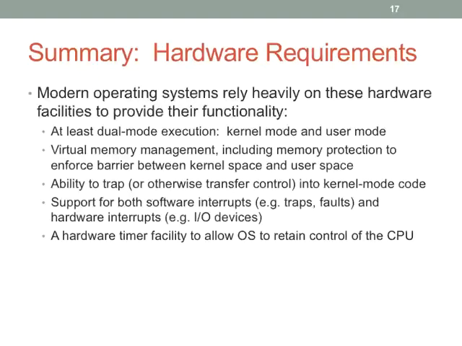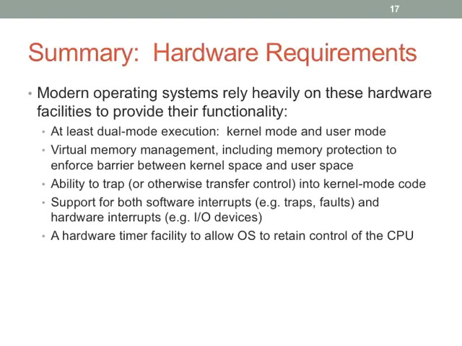Okay. These are the hardware requirements of modern operating systems, so let's review this real quickly. At least dual mode execution, so I have to have user mode and kernel mode. I have to have some facility for specifying process address spaces and process isolation, and also protection between the operating system and applications. I have to have the ability to trap into the kernel.